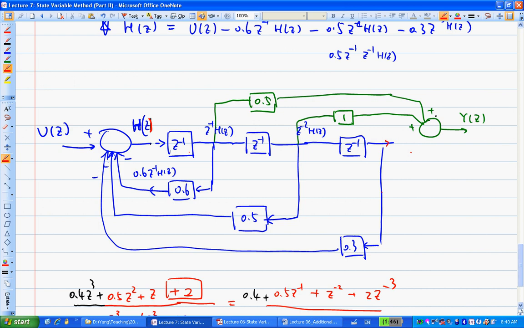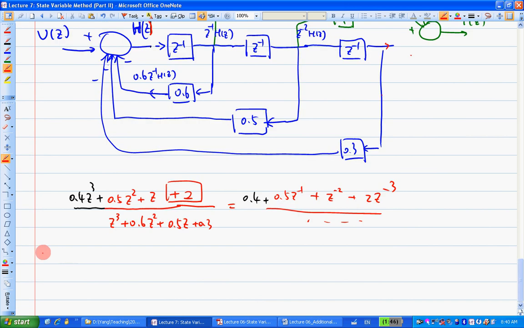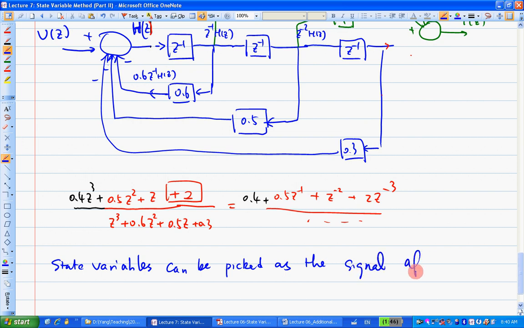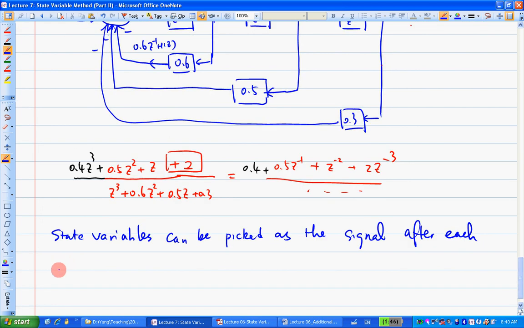So I'll write it down here: state variables can be picked as the signal after each shift register.